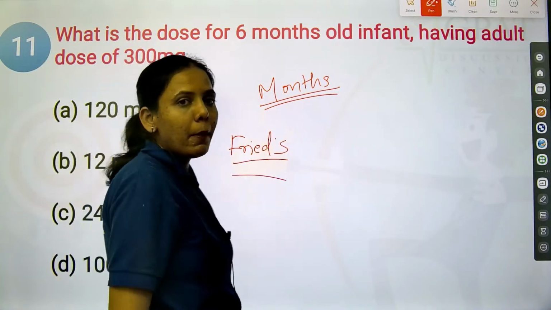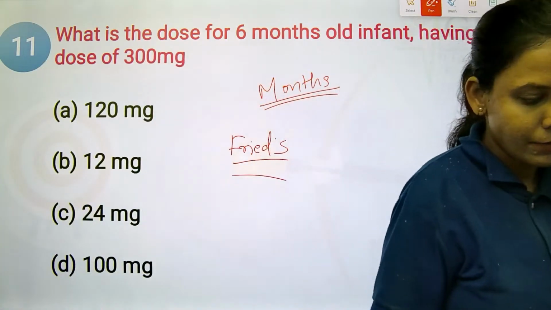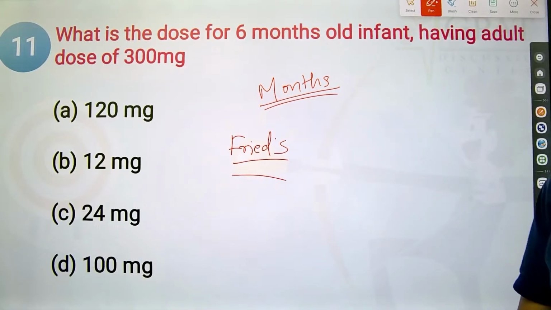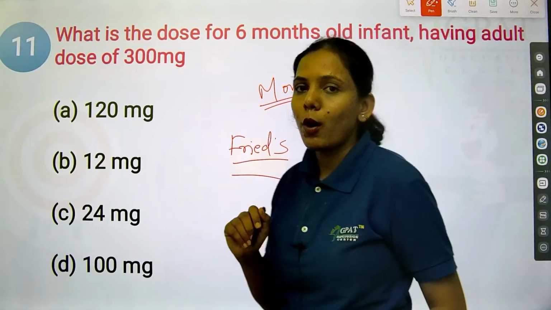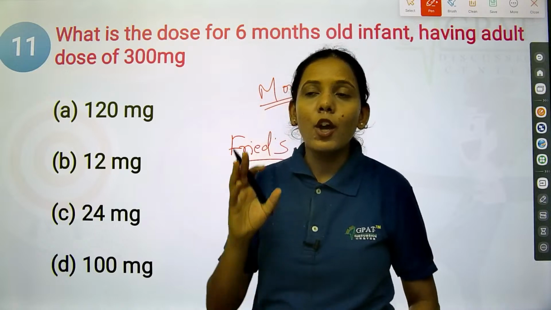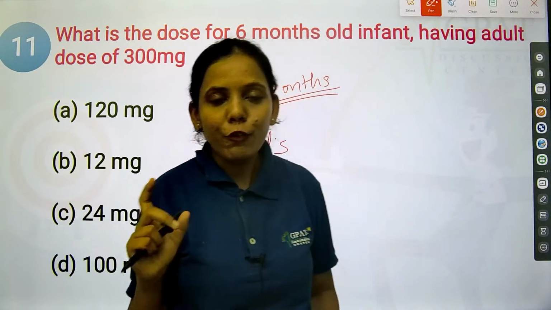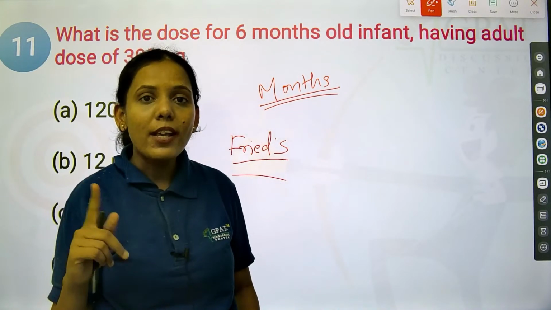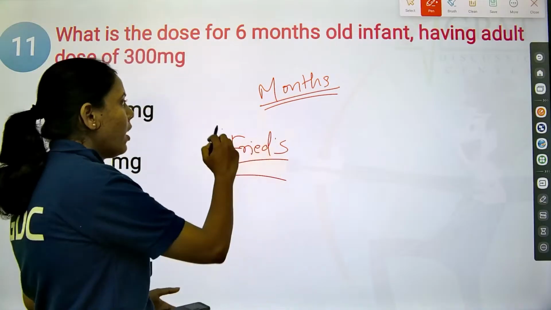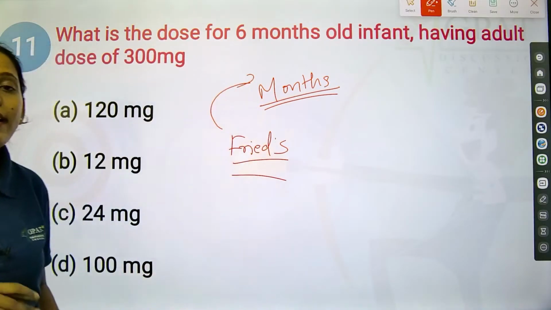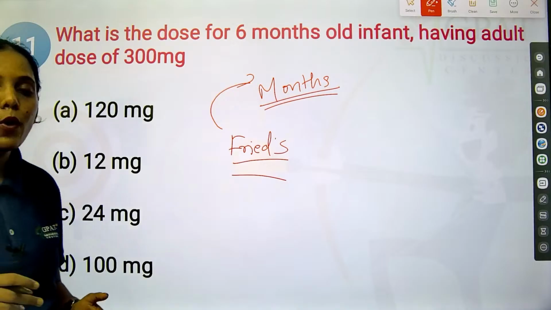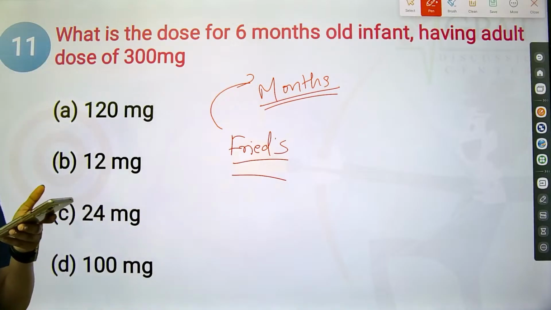So how you can remember? Fry's formula. Fried means you can remember. You can eat the fried food, that is a fast food, once in a month. Okay. So you will get the answer that when age is given in months, you have to use the Fry's formula.